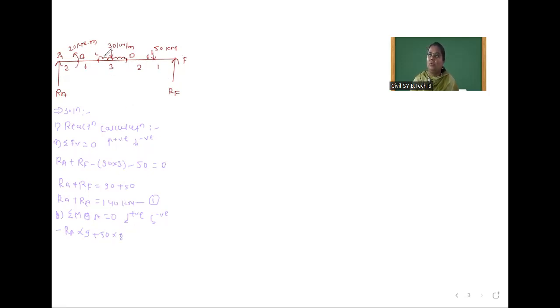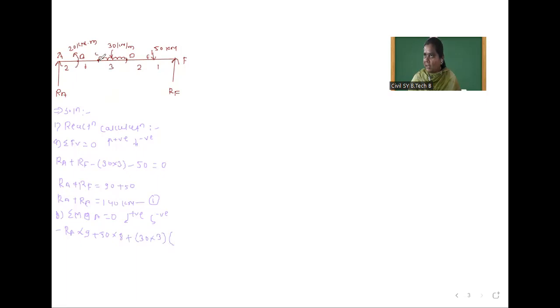After that, we move towards this 30 kilonewton force. This again creates clockwise, so plus. First we convert into a point load, 30 into 3. Now at which distance is it? Please pay attention here. We are calculating moment at A point.